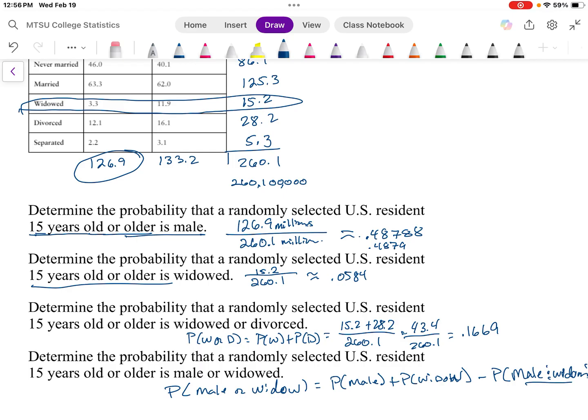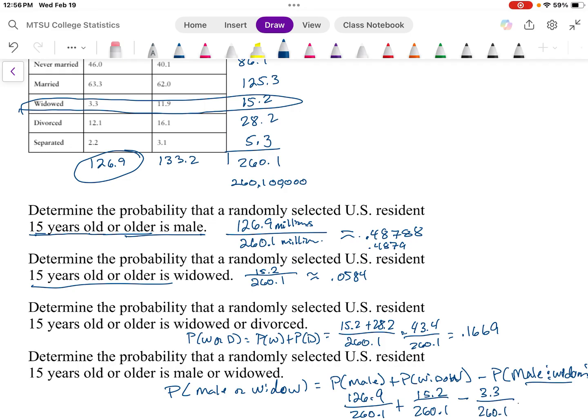As we look at our numbers here, male was 126.9 out of 260.1. Widow, we said, was 15.2 out of 260.1. I have to back off the male widows. There were 3.3 male widows.